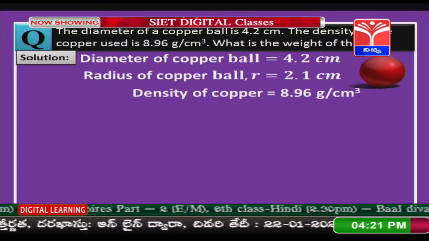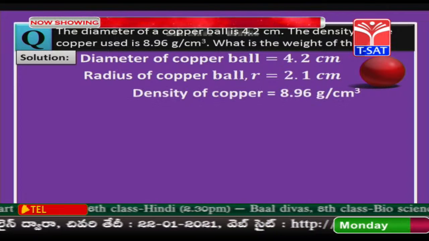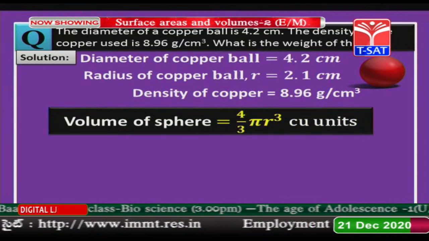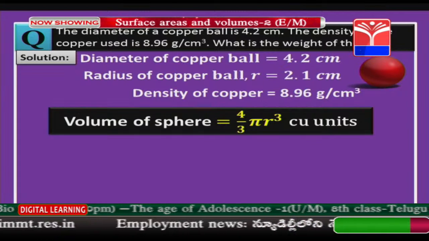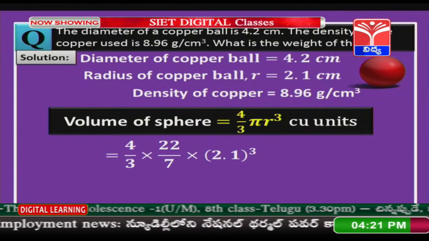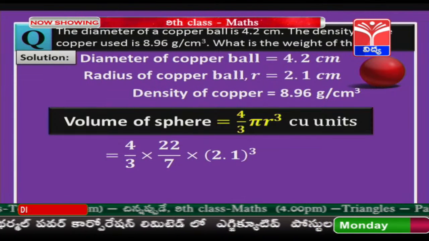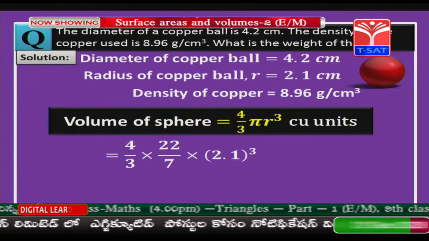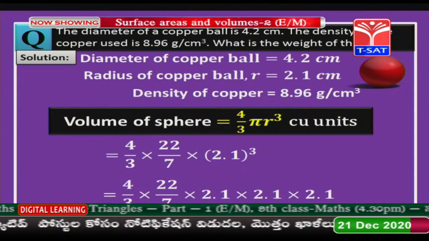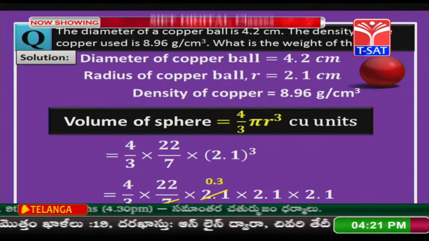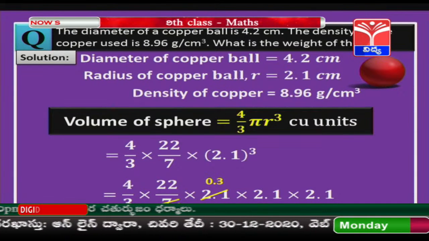Now, density of copper is given as 8.96 grams per centimeter cube. So, volume of sphere is given by 4 by 3 pi r cube cubic units. Now, let us substitute the value of r, children, here. So, we get 4 by 3 into 22 by 7 into 2.1 whole cube. Let us simplify further. Now, 7 goes one time in 7 and in 2.1 it goes 0.3 times.